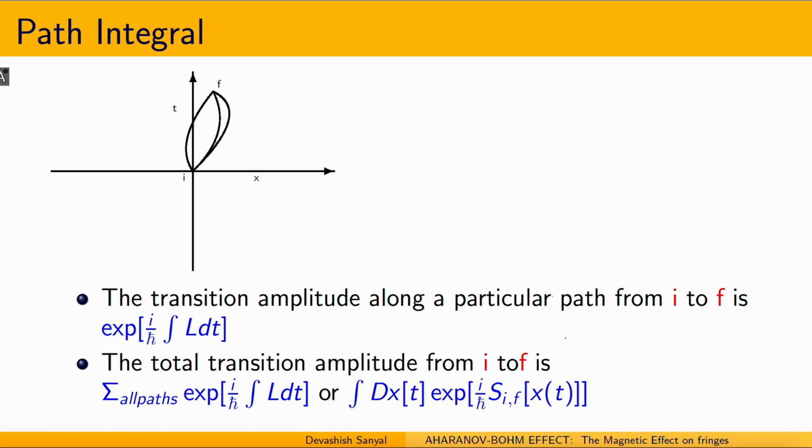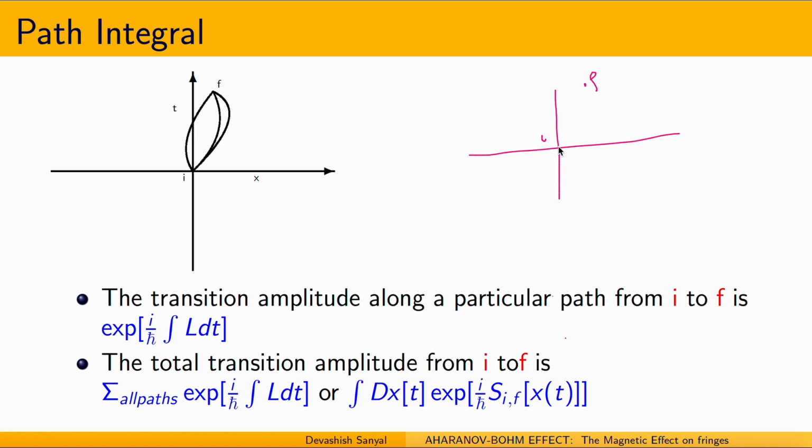Here you can see that we have the x-axis and the time axis. We start from here. This is my initial position I, and then we have a final position F. From I to F, I can go in various ways.